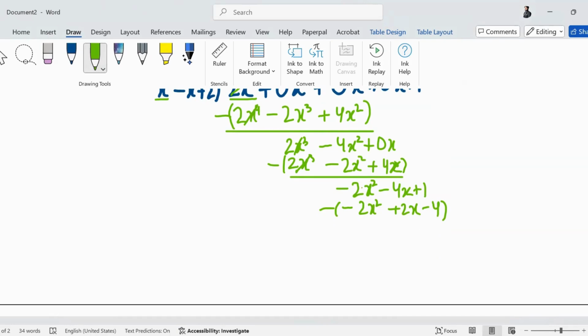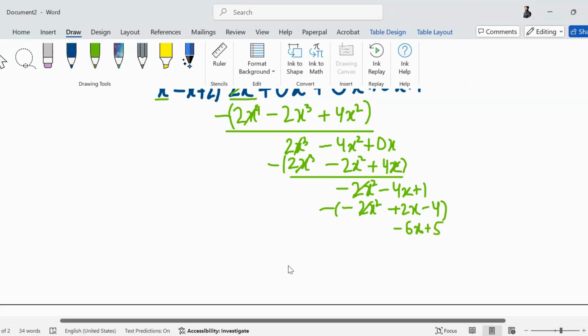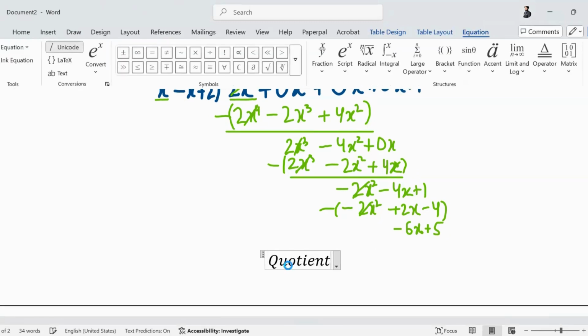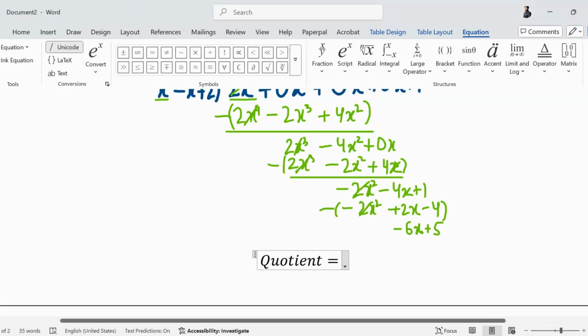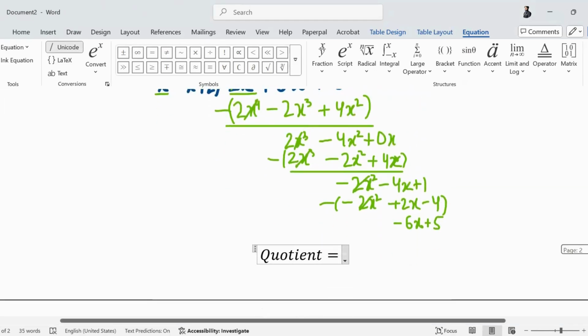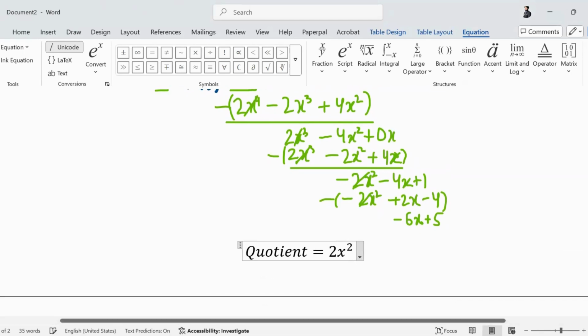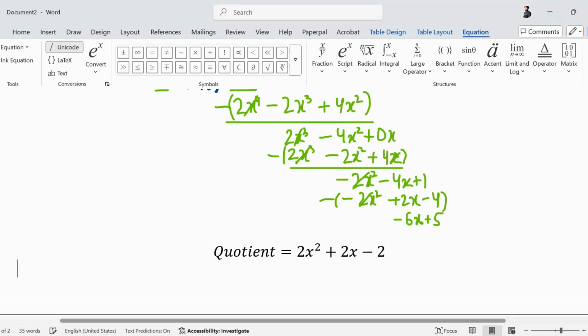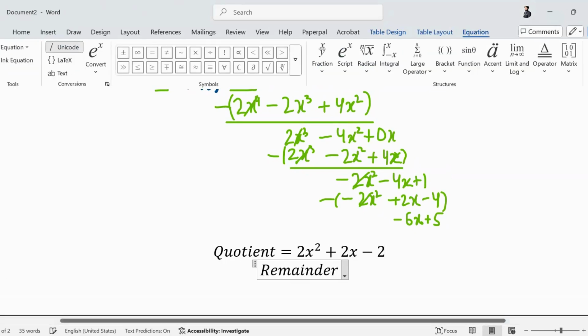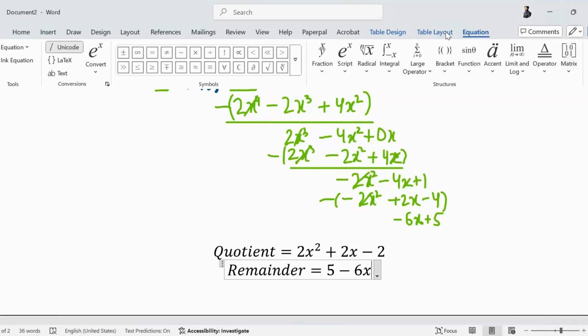This will be cancelled off. Minus 4x minus 2x will become minus 6x, plus 1, and this will become plus 4, so plus 5. So I'll say that the quotient is 2x squared plus 2x minus 2, and the remainder is minus 6x plus 5, or 5 minus 6x, both mean the same thing. Is this clear?